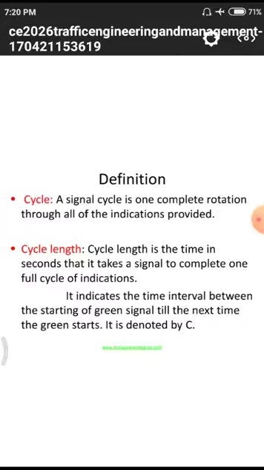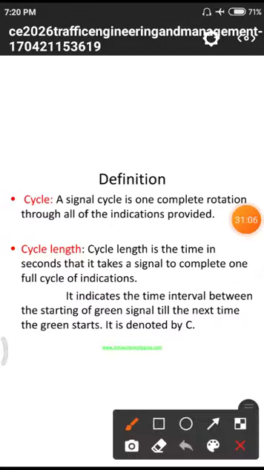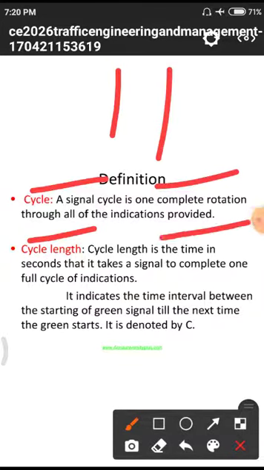Next one, cycle length. The cycle length is the time in seconds that it takes a signal to complete one full cycle of indications. I will show it with respect to a small diagram. It is a normal road, that means a four-junction road.